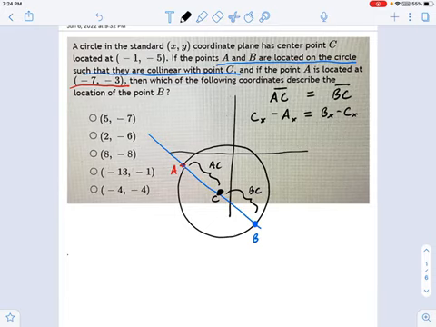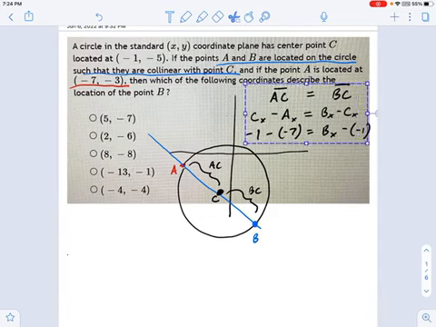So now we just plug in some points and figure out what this is. I know that C is located in the x direction anyway, at -1. And A's x-coordinate is -7. B's x-coordinate, no idea, but I know that C's x-coordinate is -1. We already talked about that one. So I have an equation here, and we can solve this thing. I'm just going to make myself a little more room.